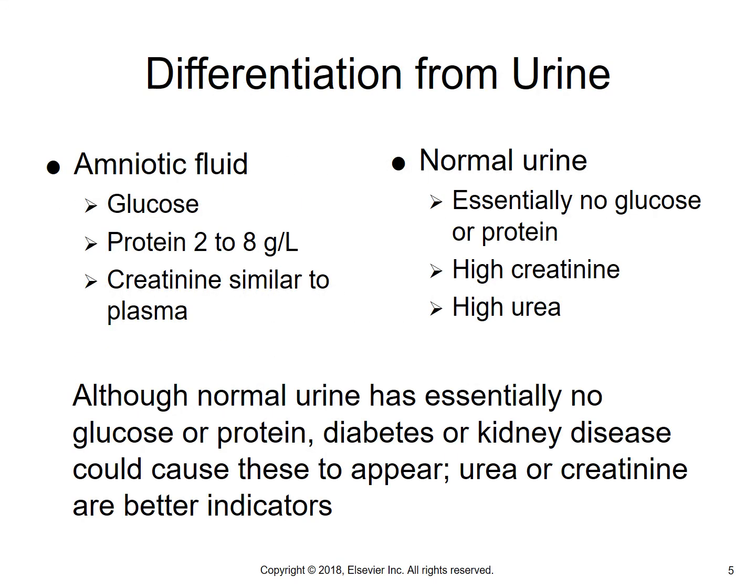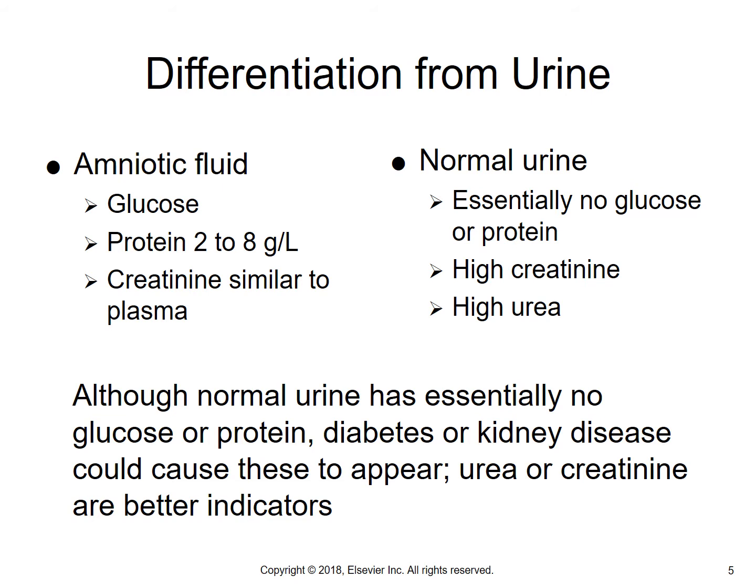During certain times, it may be necessary to determine if the fluid collected is in fact amniotic fluid, or if it was a mistake and it was aspirated from the bladder and collected as urine. Physically, you can't distinguish between the two, so this is where chemical constituents come into play.